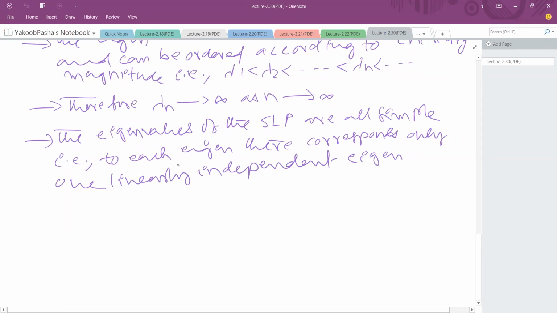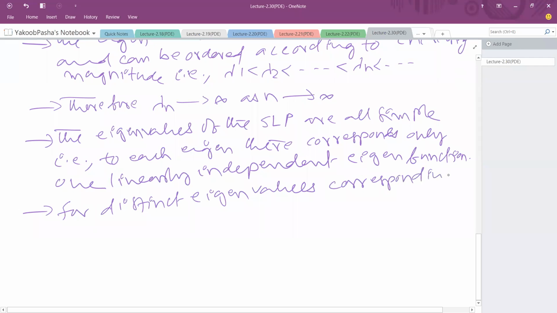For distinct eigenvalues, the corresponding eigenfunctions are linearly independent.